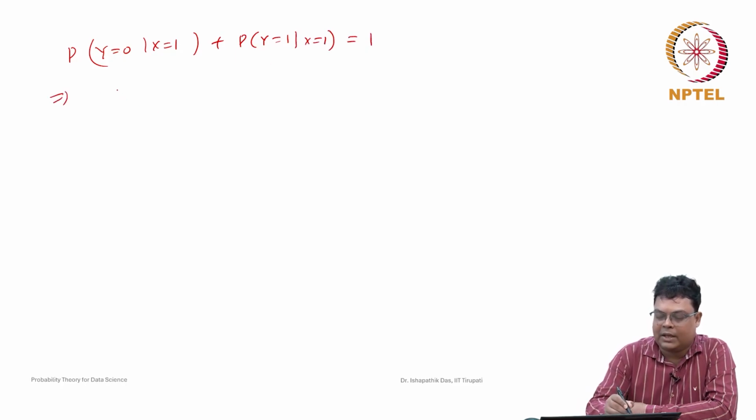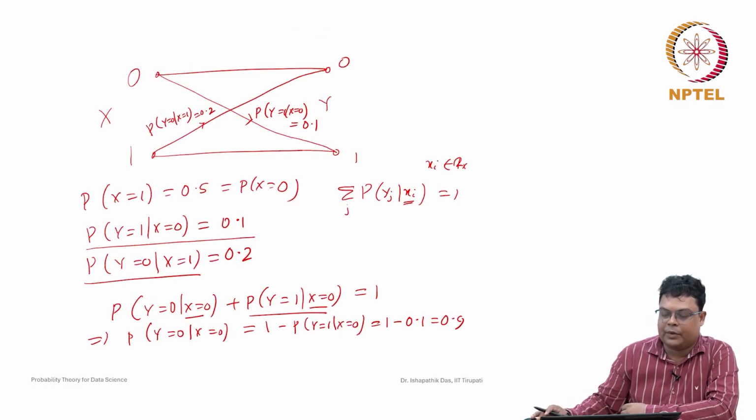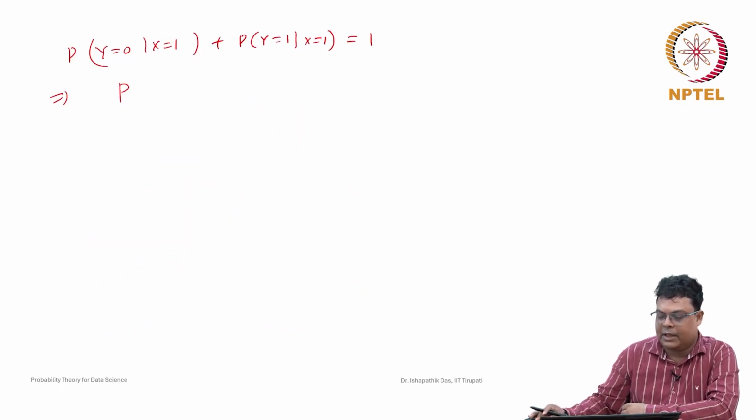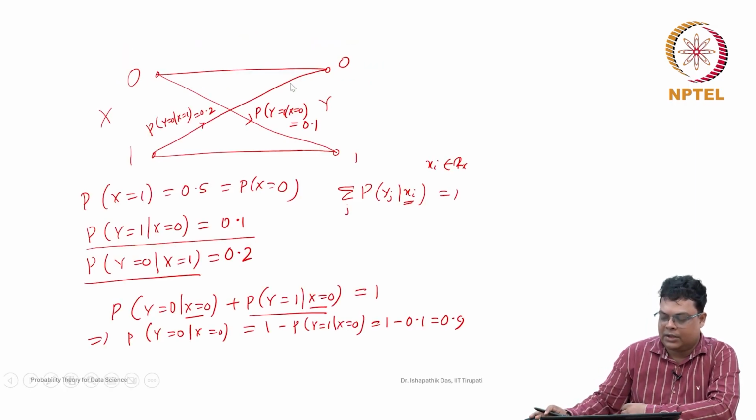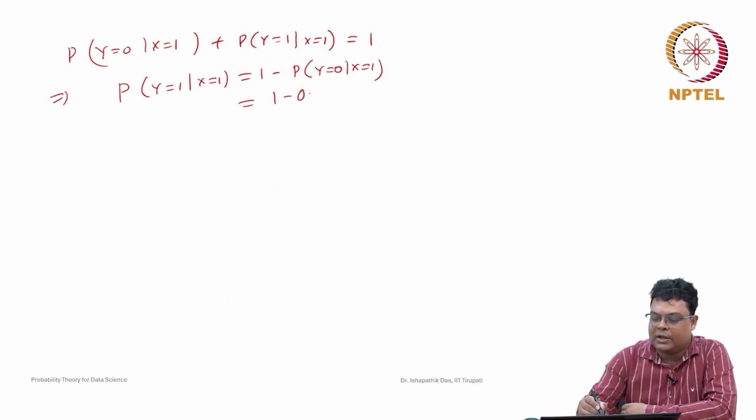Since the probability y equal to 0 given x equal to 1 is given, we can find the probability y equal to 1 given x equal to 1. This is 1 minus the probability of y is equal to 0 given x is equal to 1, which is given as 0.2. So, this is 1 minus 0.2, which is nothing but 0.8.